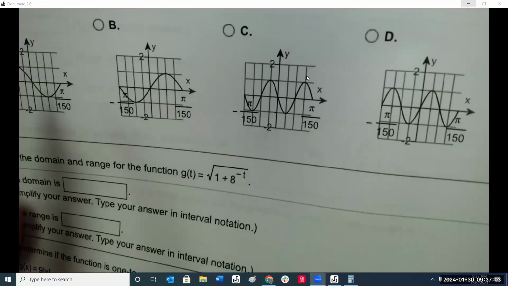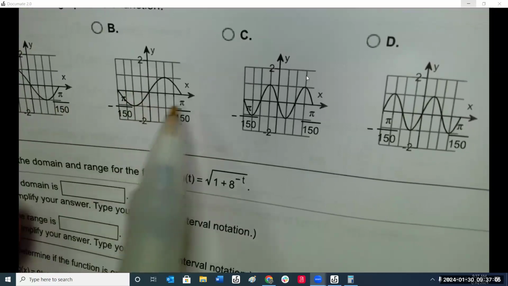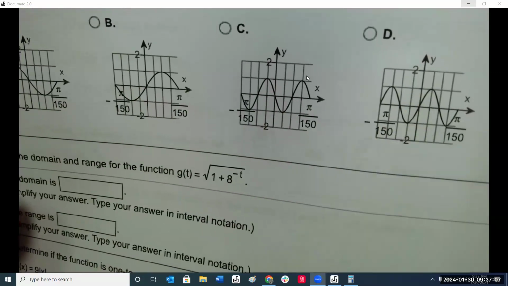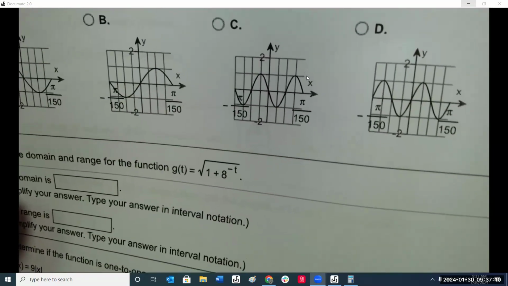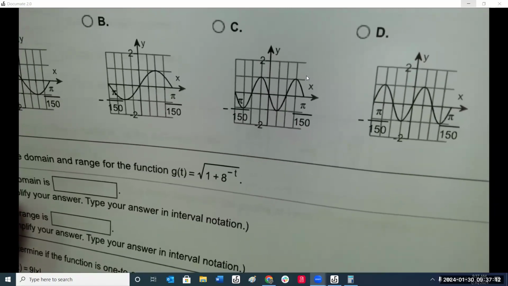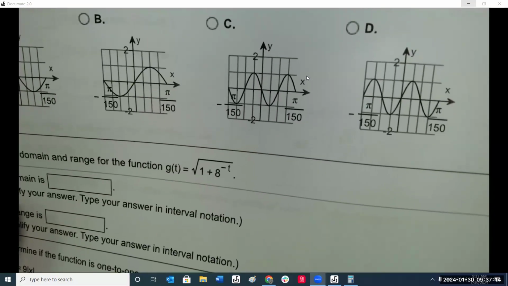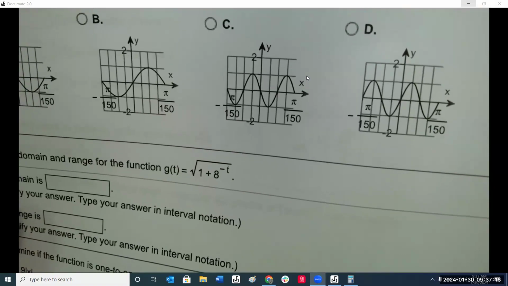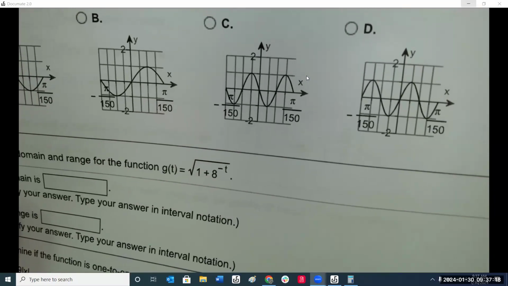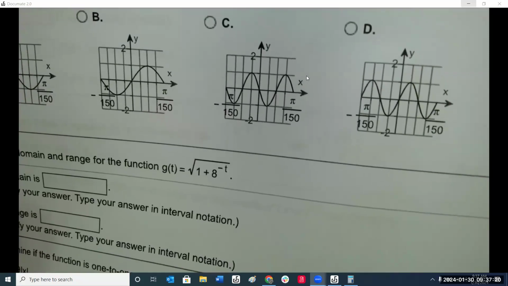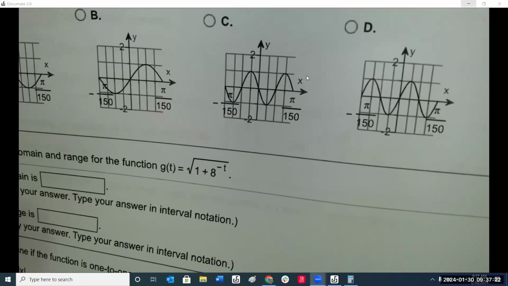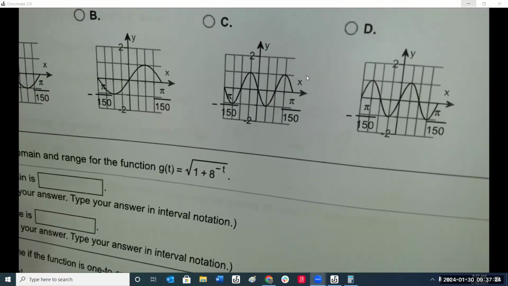And you notice each one of these has an amplitude of one, negative one. So out of these three, which one's correct for us? What's our frequency?